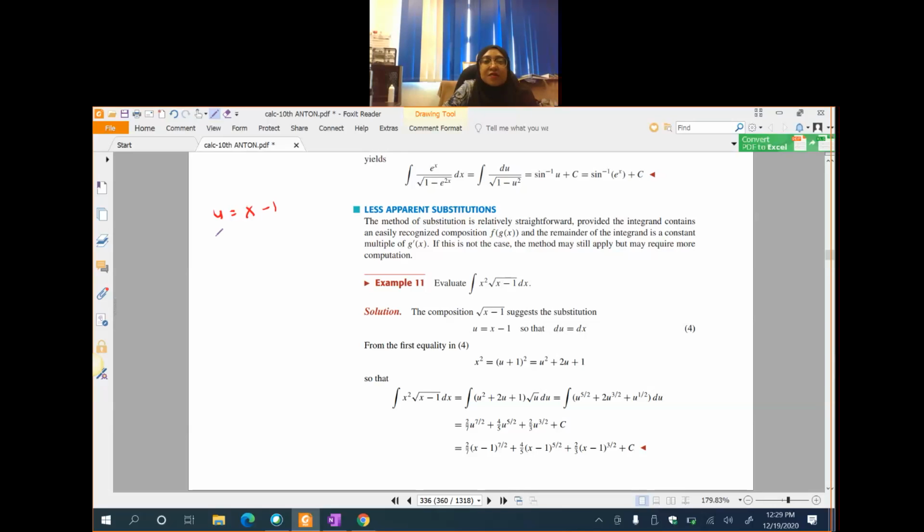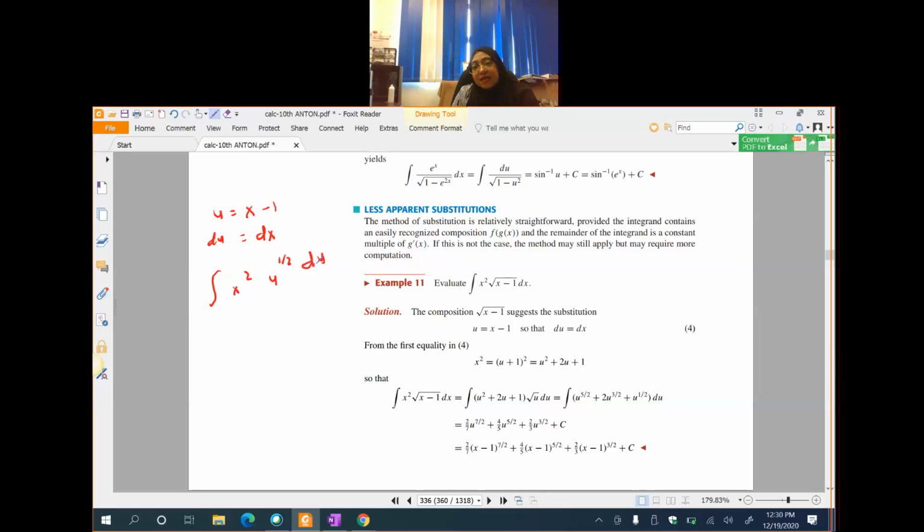Because if you differentiate this, you will get du equal to dx. Then what will be here? It will be x squared, and then this one will be u to the power of 1/2. Sorry, yeah, to the power of 1/2. This one x squared, and then dx is du.